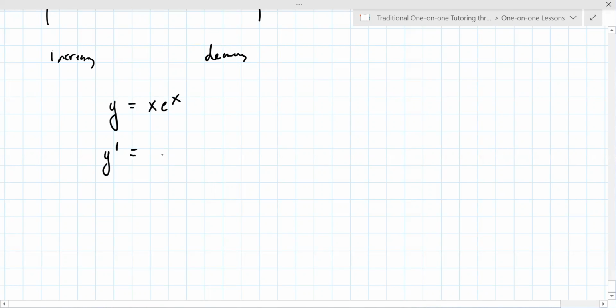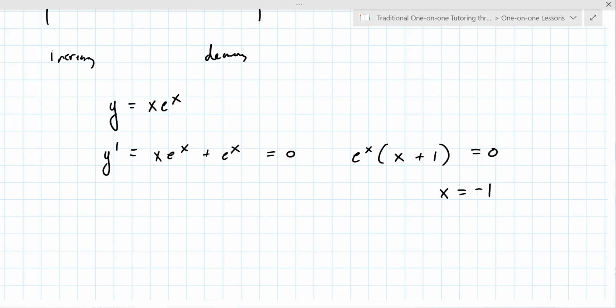So that's x e to the x plus e to the x. And if you were to set that equal to 0, you could factor out an e to the x and get x plus 1, which means that x equals -1, something's going on. Okay, it's actually a min there, but that's not important. Your second derivative, you have a choice here because we're interested in concavity. You could actually go with this form or this form on the right. Do you have a preference?